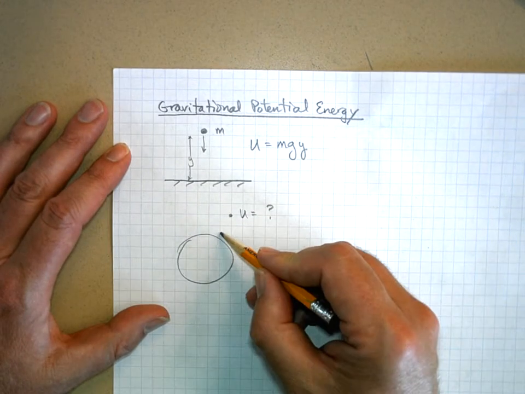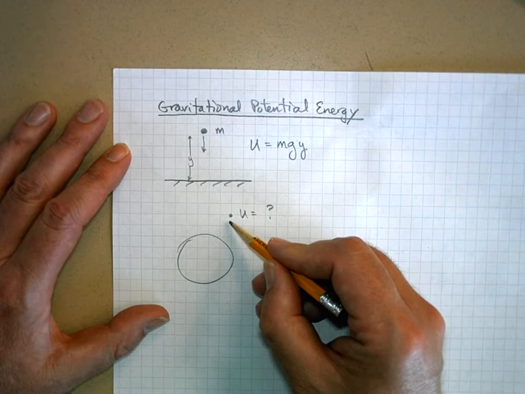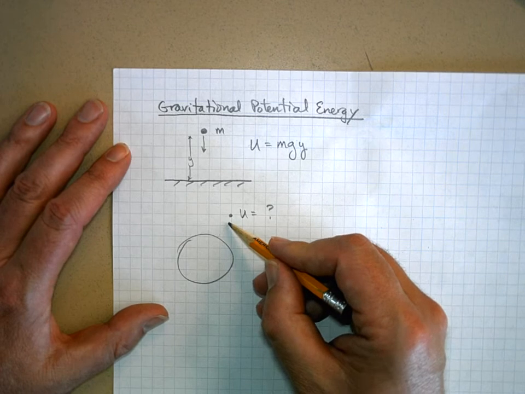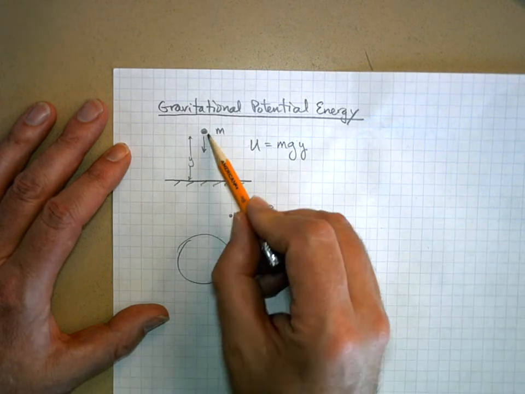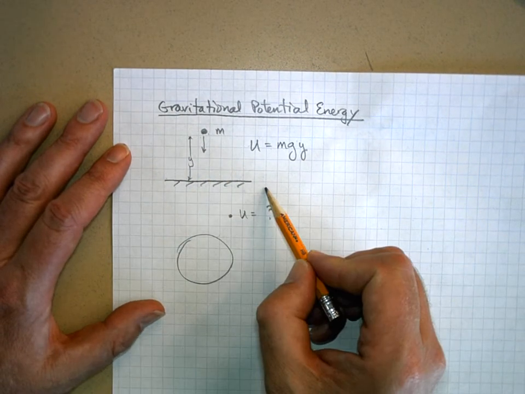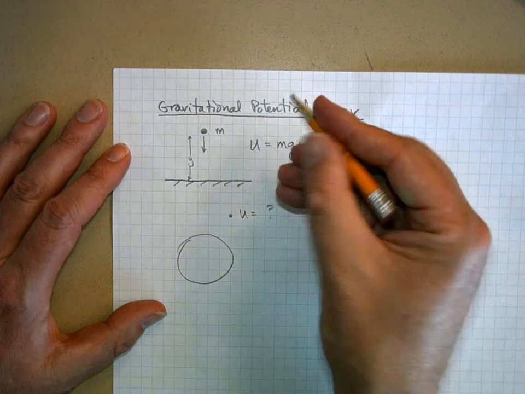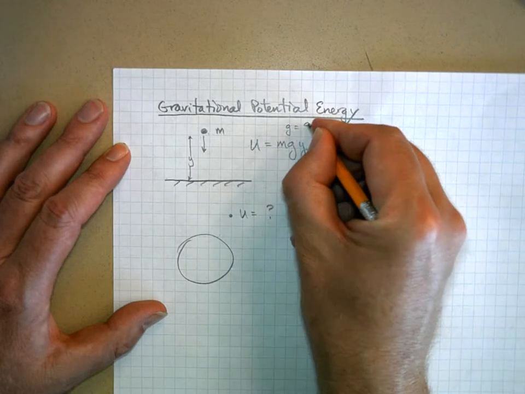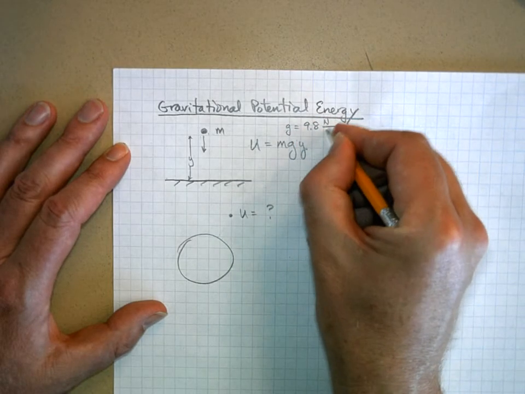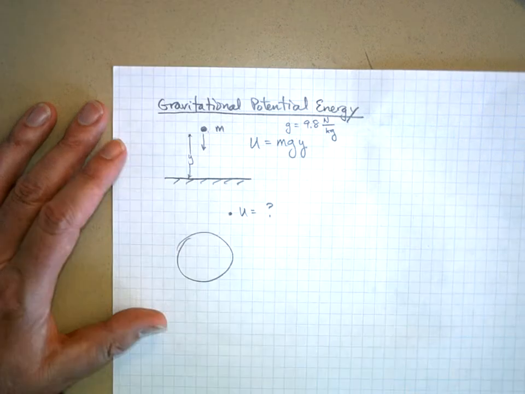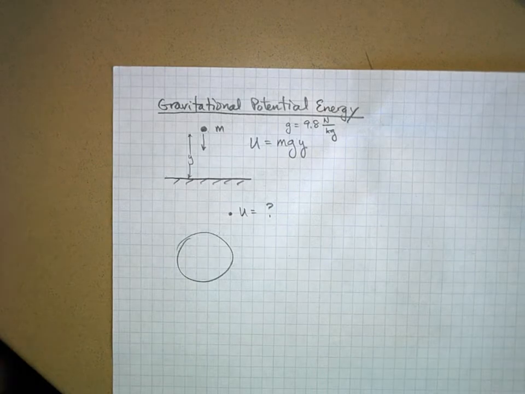What happens to the gravitational field as you get farther from the Earth's surface? It gets weaker. Close to the Earth's surface, we just use g equals 9.8 newtons of force per kilogram of mass. That's the gravitational field of Earth near its surface.